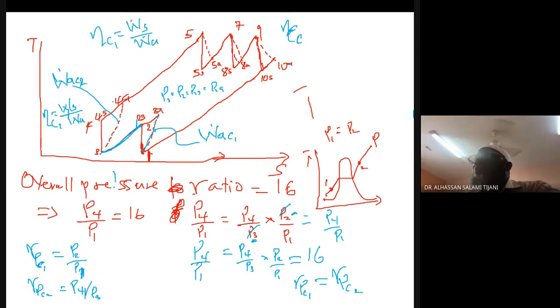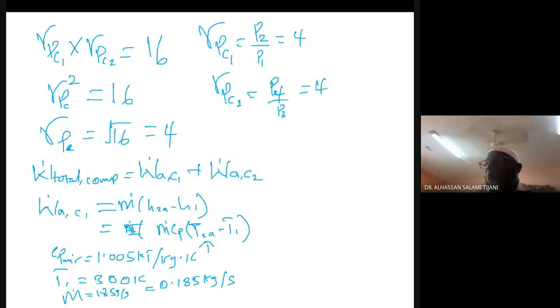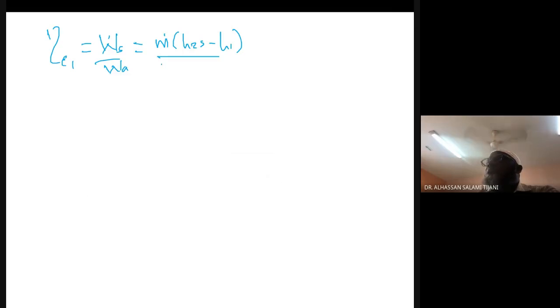So now eventually, for compressor number 1, the isentropic efficiency equals WS divided by WA. This gives us mass flow rate times H2S minus H1 divided by mass flow rate times H2A minus H1.